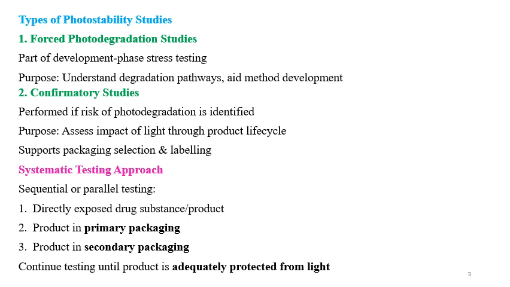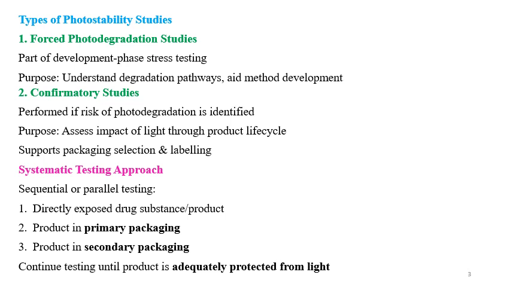Then the product in primary packaging is exposed to the light, and the third one is the product packaged in secondary packaging is exposed to the light, so that you will understand how the packaging system provides protection from the effect of light, whether the drug is susceptible or photolabile or not, whether the drug is protected in the primary packaging, whether the drug is protected in the secondary packaging.